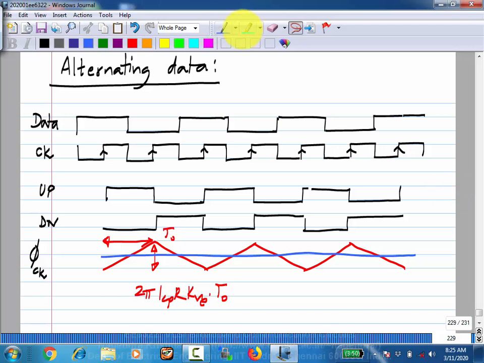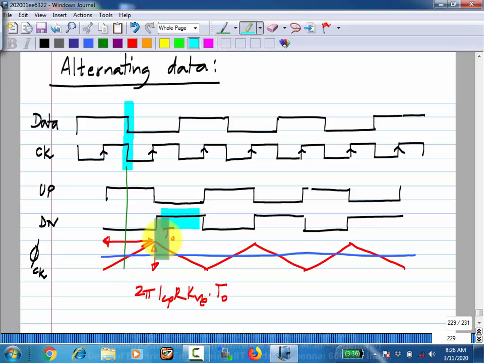So if what we have written here is correct, at this point the clock is too early, right? That is why we are getting a down sample over there. But if you look at this here, the clock is not early, isn't it?